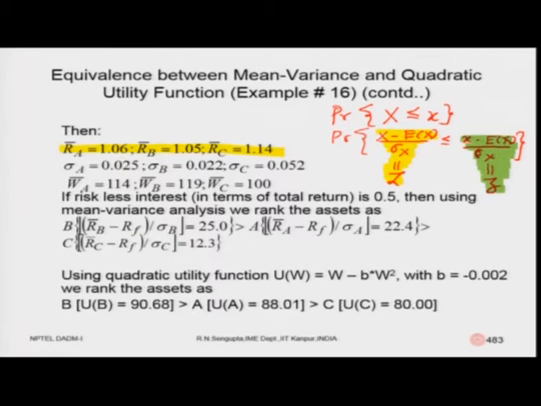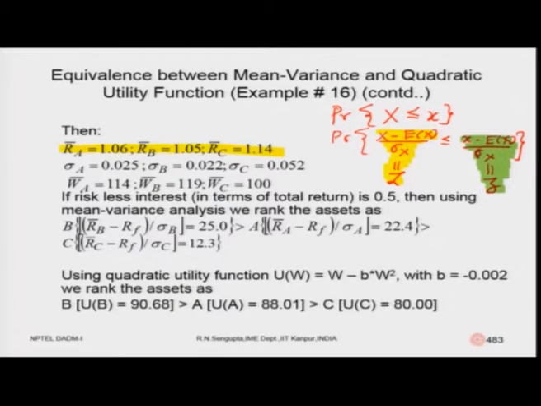So, you want to analyze your investment with risk relative to the risk free interest rate. Corresponding to B, A and C, the values come out to be about 25, 22.4 and 12.3. Which means that when you rank them, B would be better than A, which would be better than C, corresponding to the probabilities which you found out.